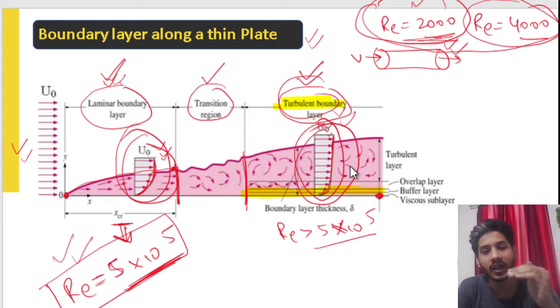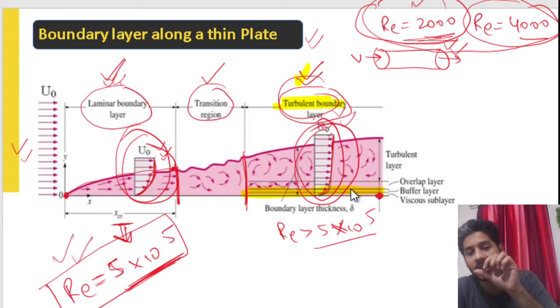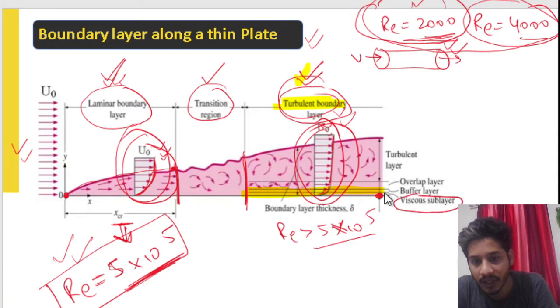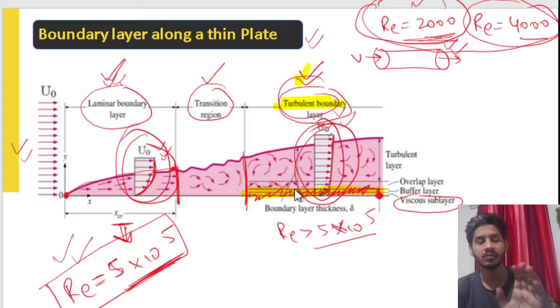Although the fluid has changed from laminar to turbulent, still within the turbulent boundary layer there is a region where the flow is still laminar, but this region is very small. This is basically the viscous sublayer. This is a small part of the region which is still laminar.